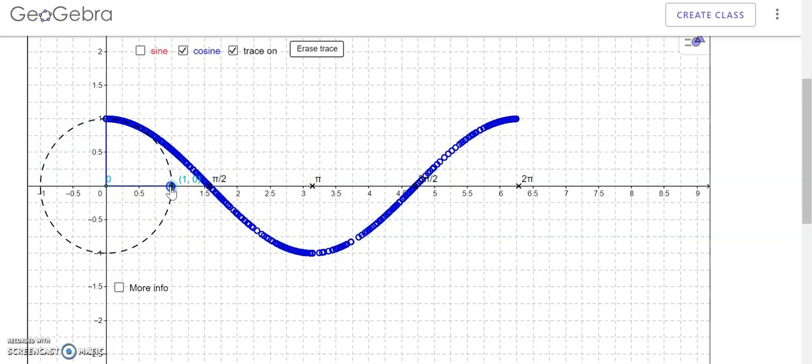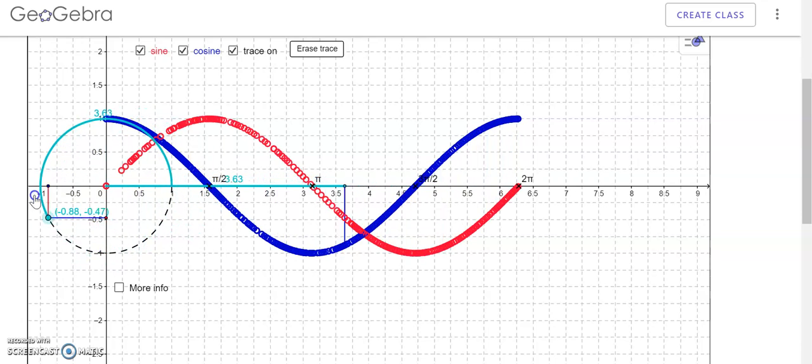And then when I get back around at 2π, cosine has a value again of 1. So this image right here is one period of the cosine curve. And just to compare that, we know that this is one period of the sine curve, right?